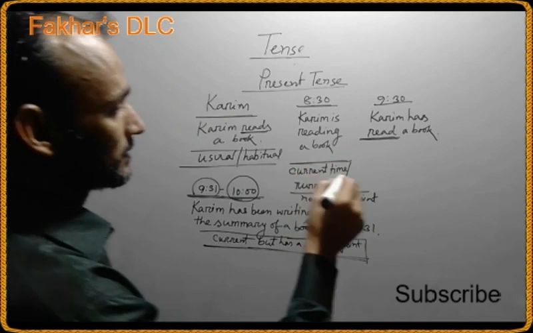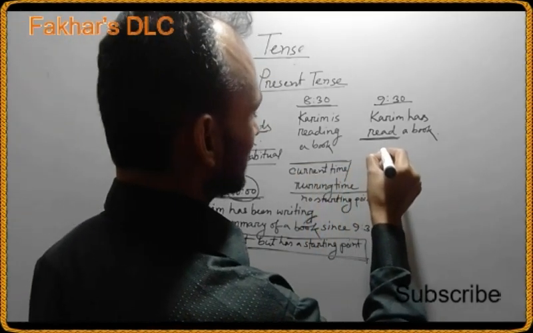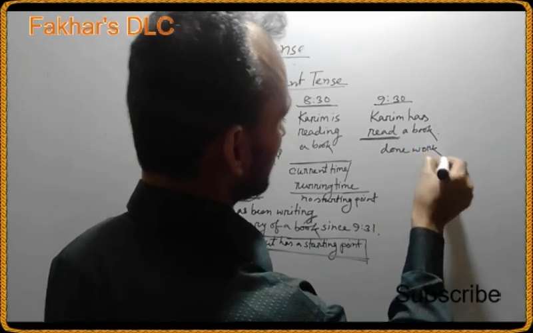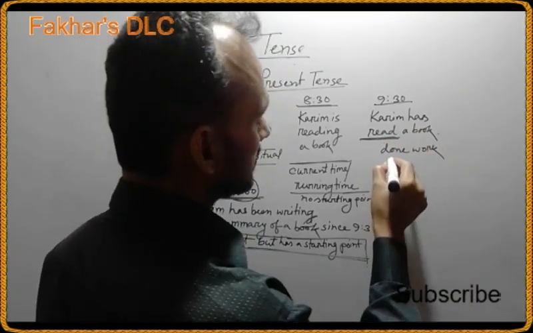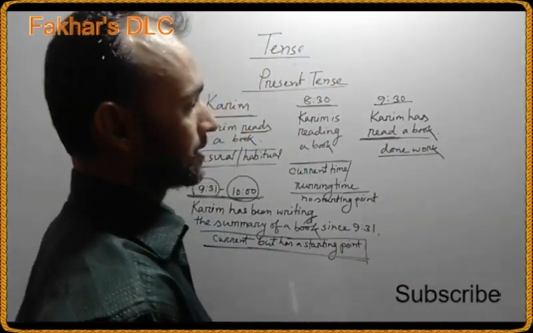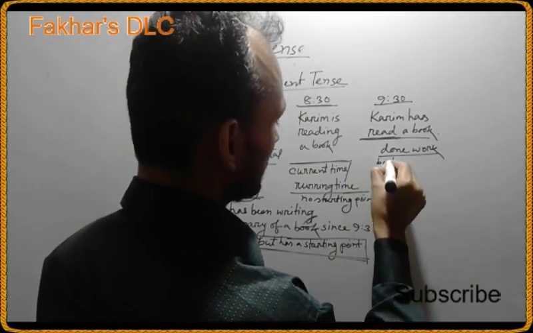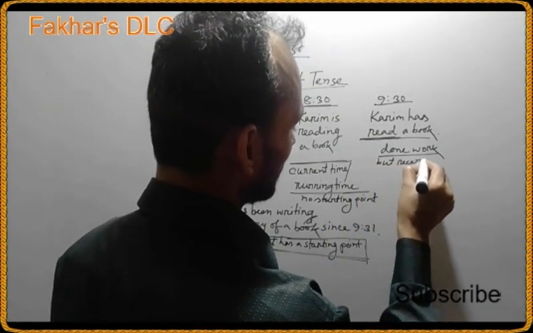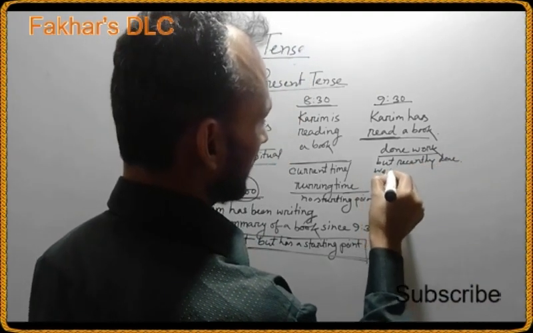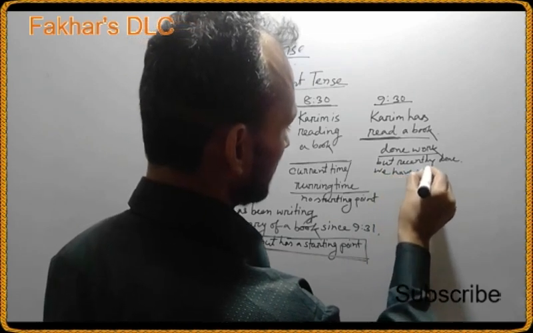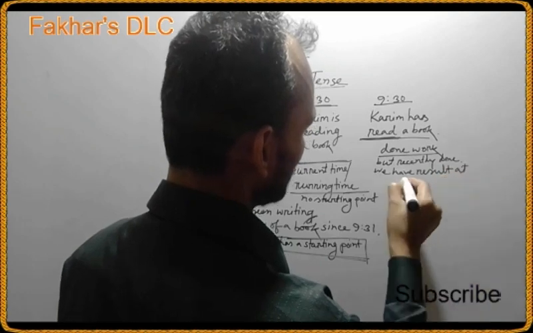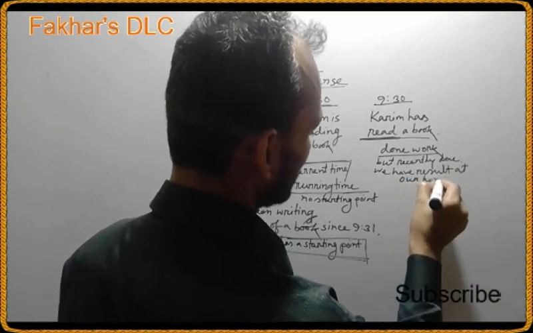And think of done work: Karim has read a book. This work has been done. It is done work, recently done. We have the result at our hand.